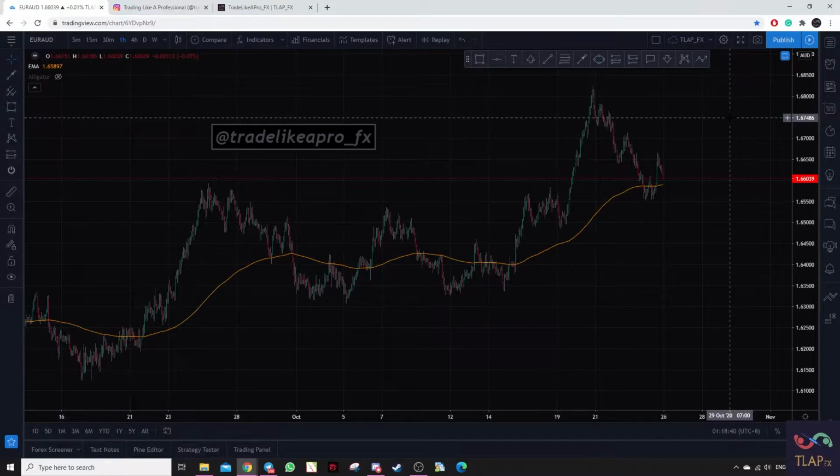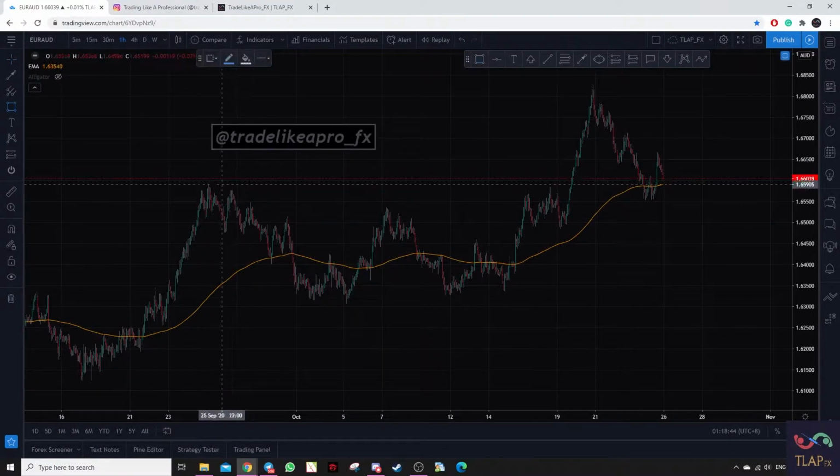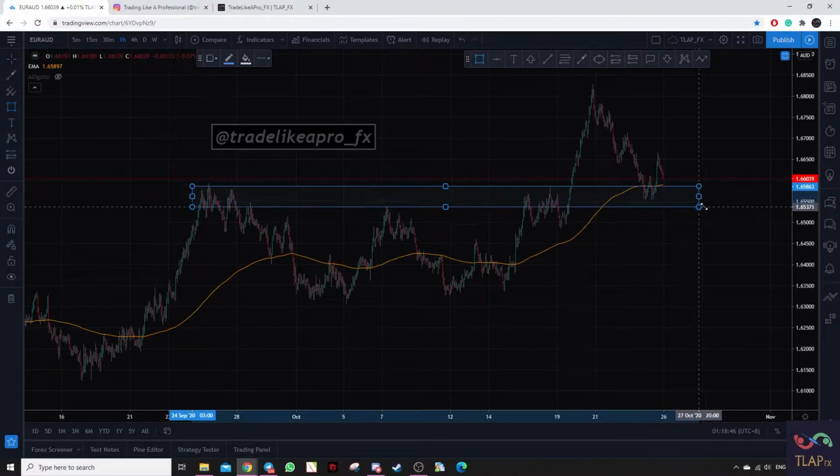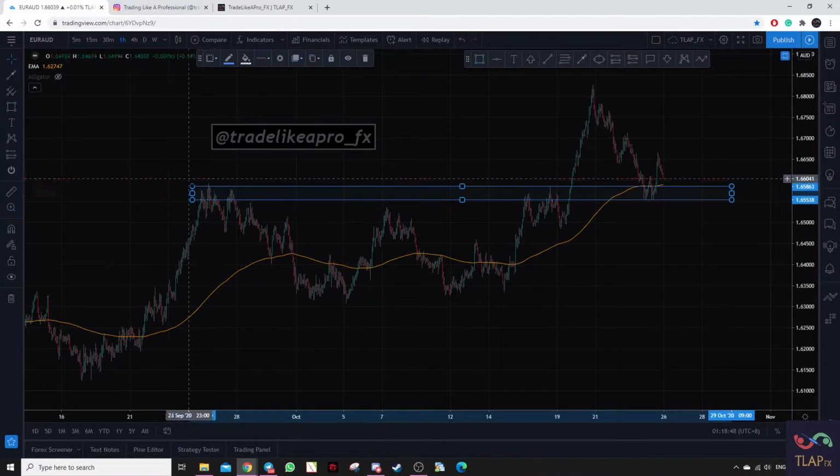So the first pair that we will be talking about would be the Euro AUD. You can see that we have a clear structural level over here, where prices got rejected once, twice, thrice, and here the fourth time.